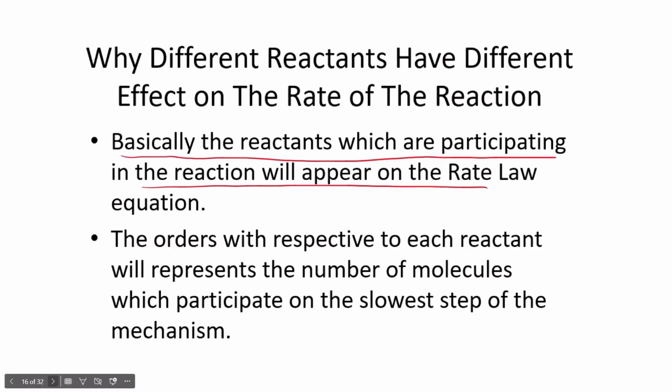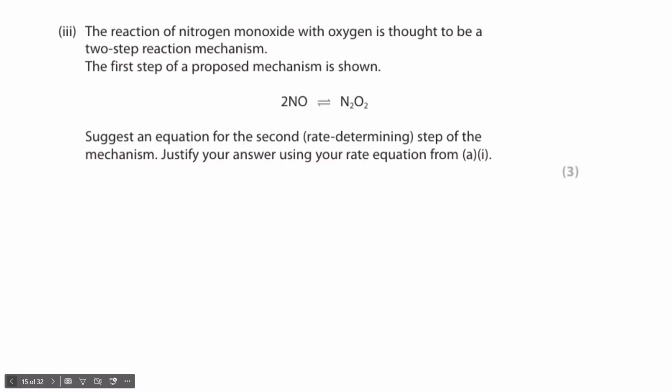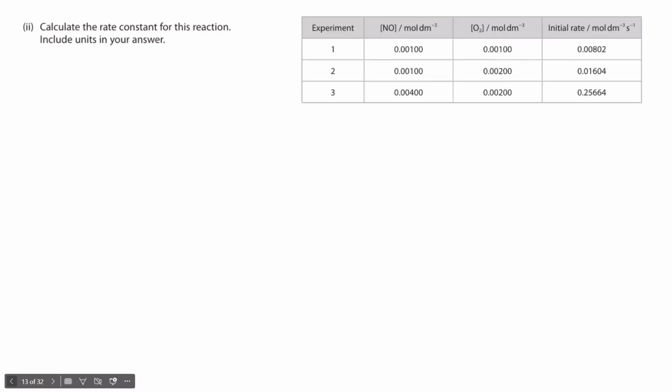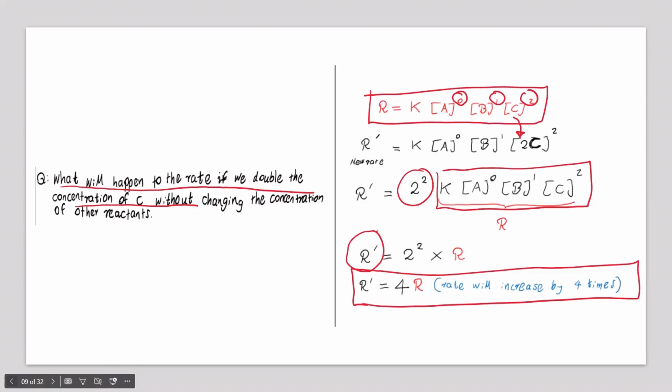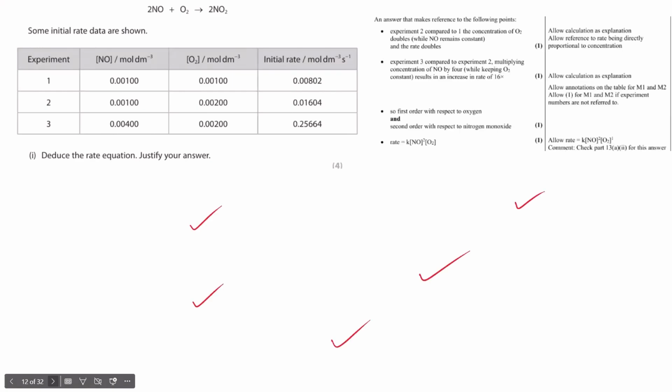If you look at any rate law equation, reactants are the ones appearing in the rate law. Here you can see reactant A, reactant B, reactant C. The reactants are the ones that take part in the rate law. So that part we can understand.